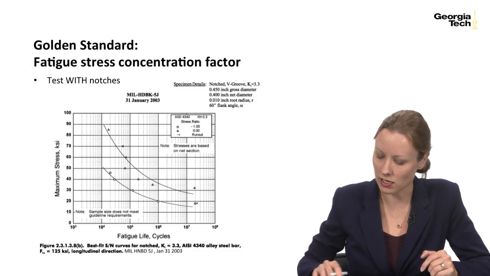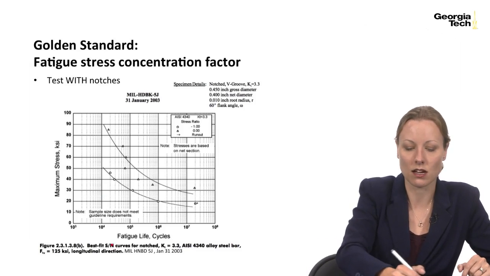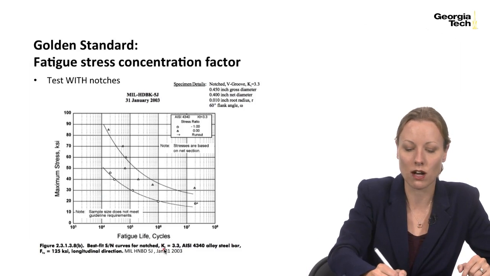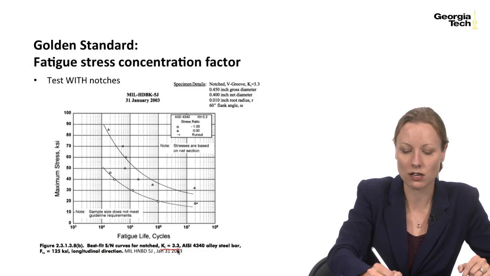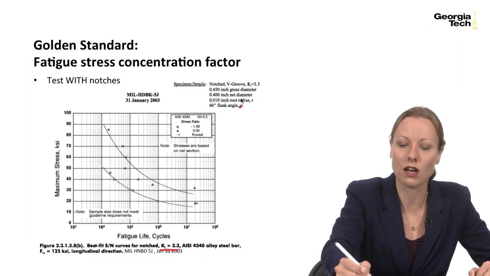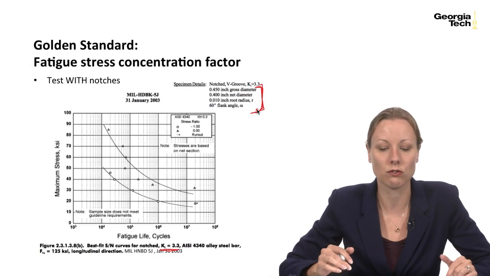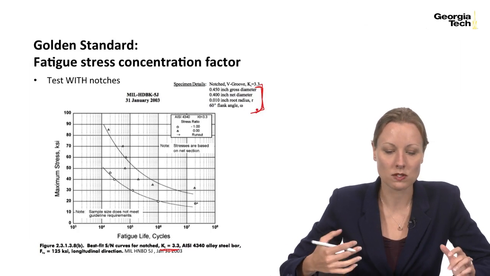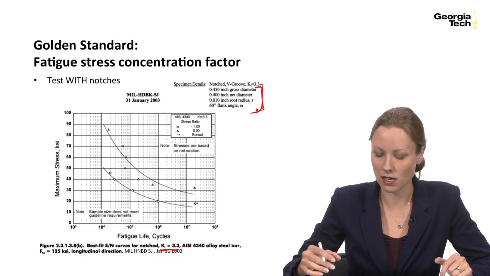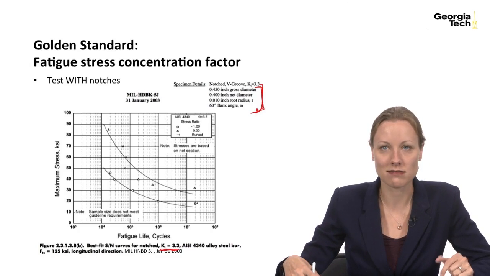So you can see that here they're saying this is SN curve data for a specimen with a KT factor of 3.3. So it's a notch specimen with a V groove, and then they give you the actual dimensions of the groove right here. So this is your best bet, but it doesn't always happen.